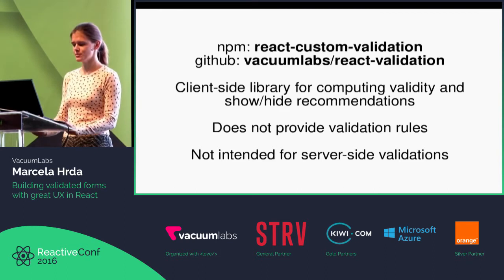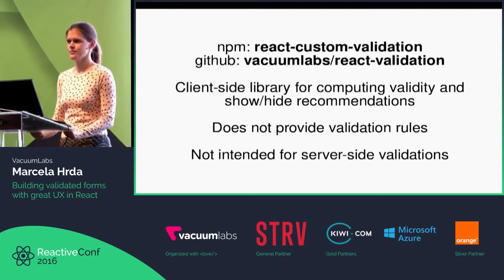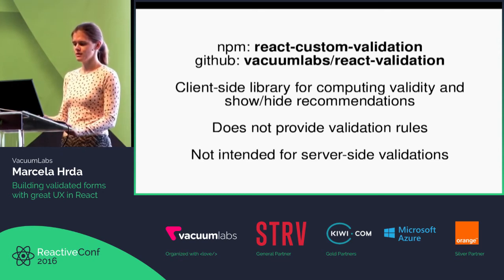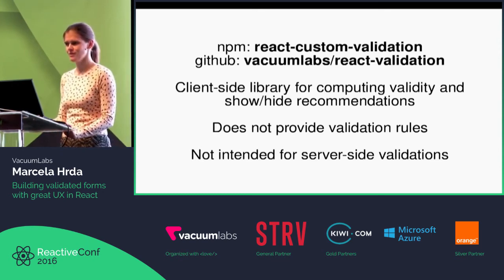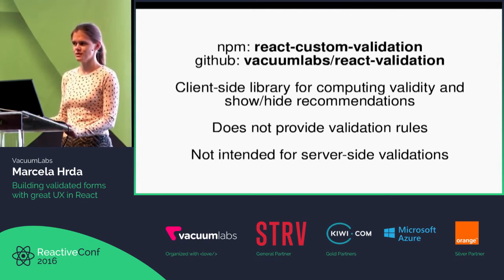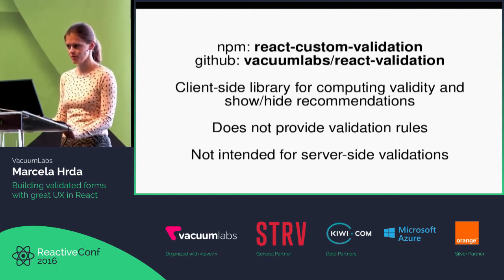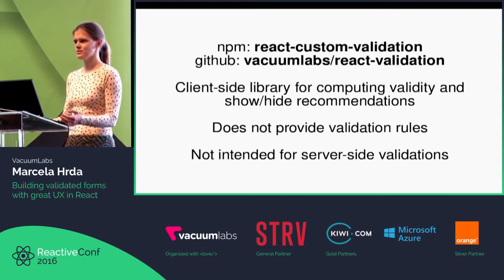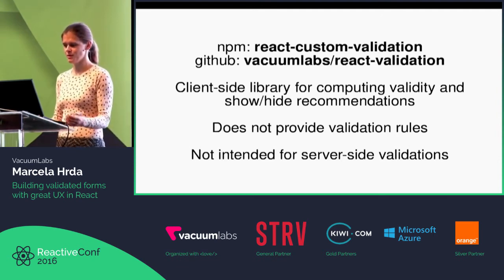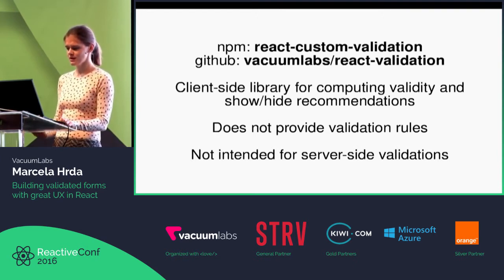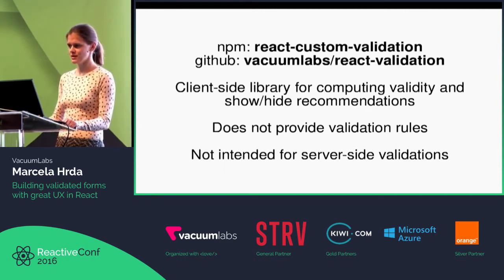However, it doesn't provide the validation rules. There are some few simple examples, but you are supposed to write these validation rules yourself, because many rules are very specific to the business logic of your app. Or there are some standard rules, but these are already implemented in some other libraries, so there is no need to reinvent this. And finally, this is not for server-side validations.